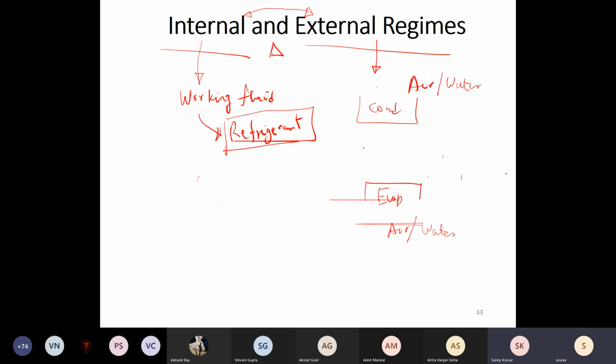And the delta T between these two will also affect the efficiency or power output, or in case of a refrigeration system, power input. So this will be affecting the overall cycle performance. It is not only the refrigerant properties that affect the cycle.